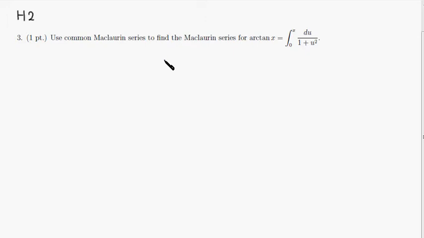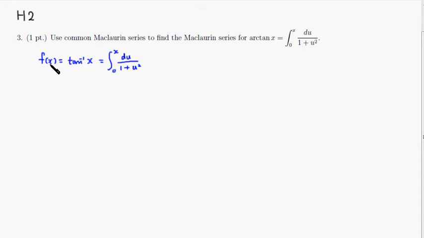First, let's look at the derivative. I'm going to let f of x be arctangent of x, which is equal to the integral from 0 to x of du over 1 plus u squared.